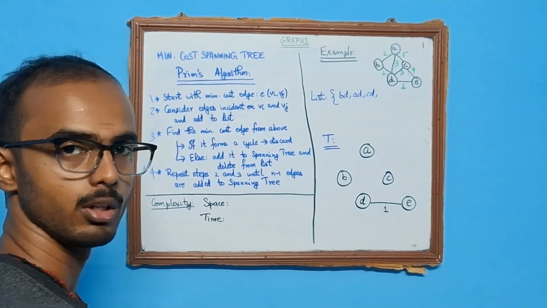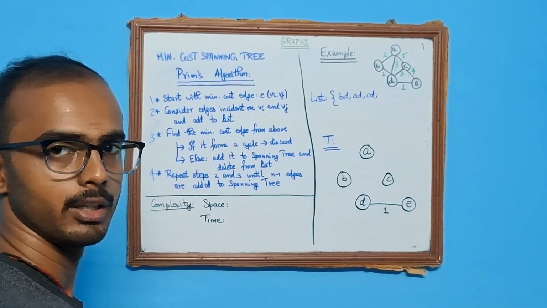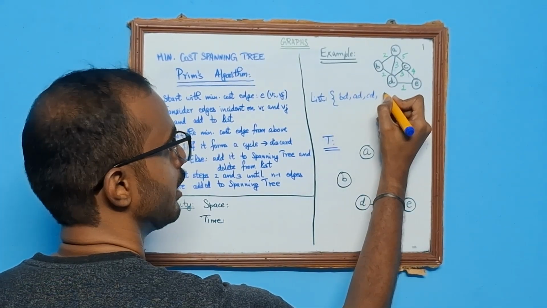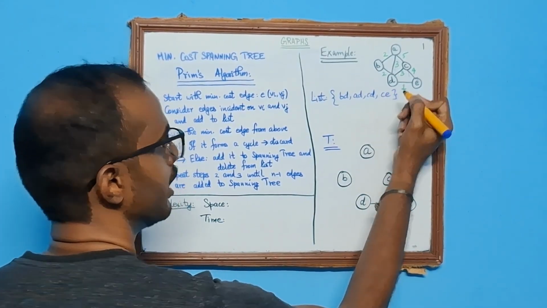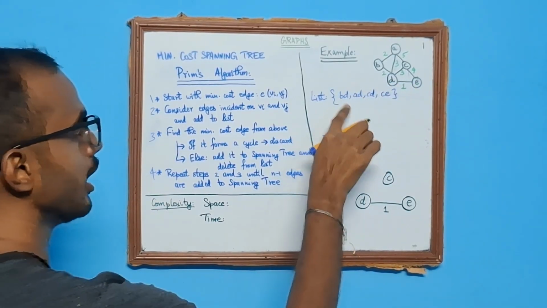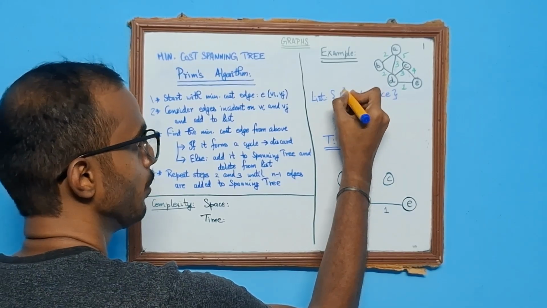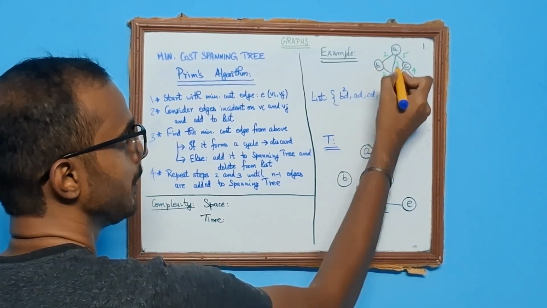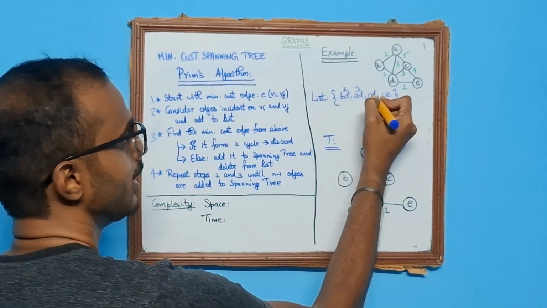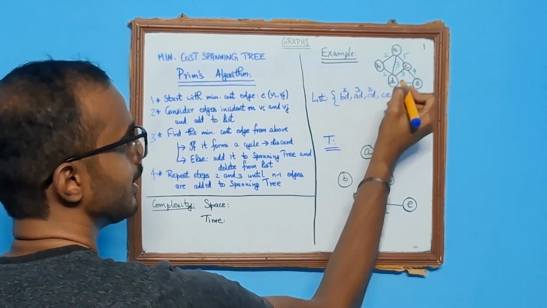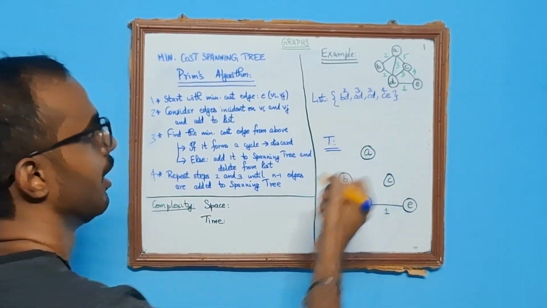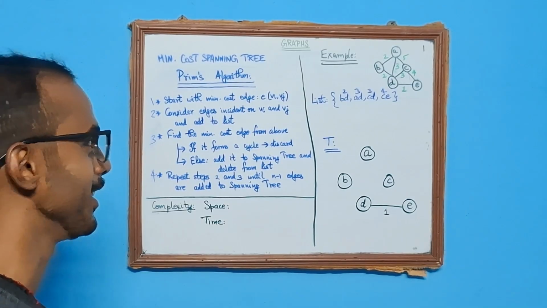For E I'm going to write all the edges. DE cannot be written because it's already considered. Now I'll just write CE. This is the list at step number 1. Above this, I'll write the cost of each of the edges. BD costs 2, AD costs 3, CD costs 3, and CE costs 4. It's already sorted anyway.